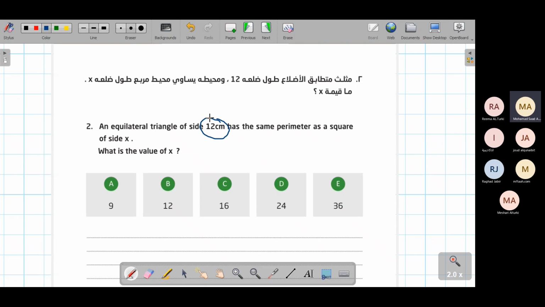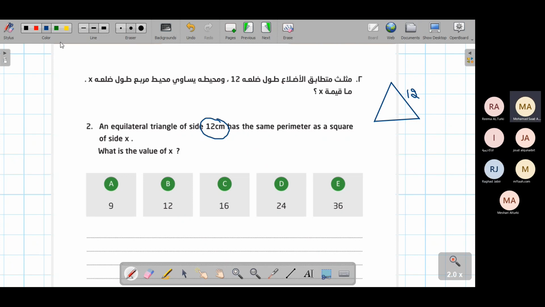So what does equilateral triangle mean, Ragad? All sides are equal. Excellent, so we have three equal sides. This is an equilateral triangle, and the side is equal to 12 centimeters. It has the same perimeter as a square.